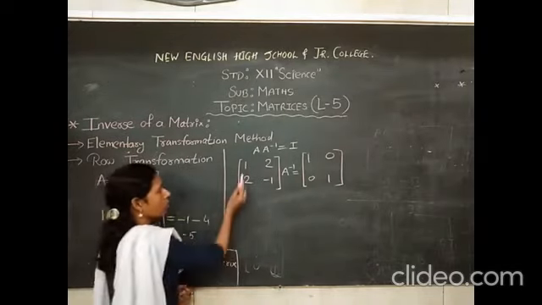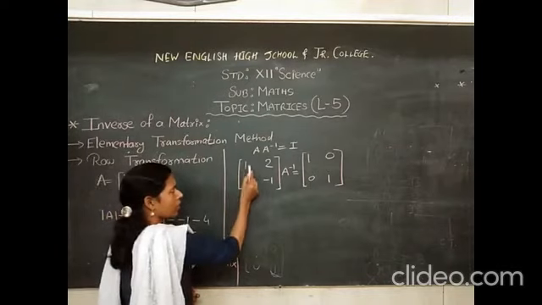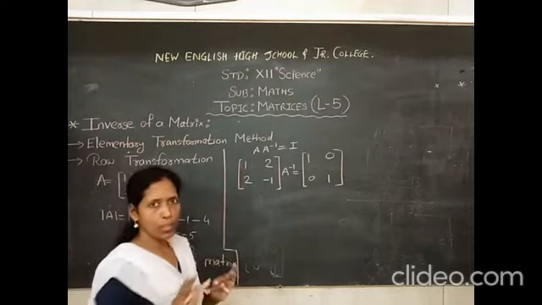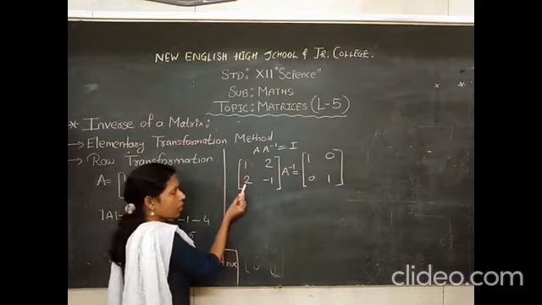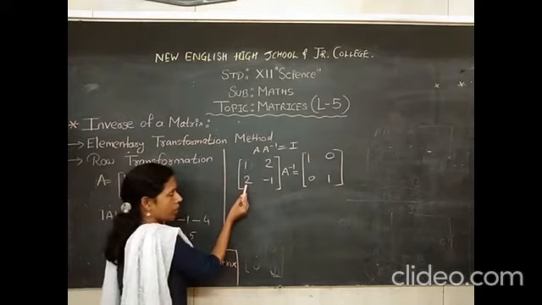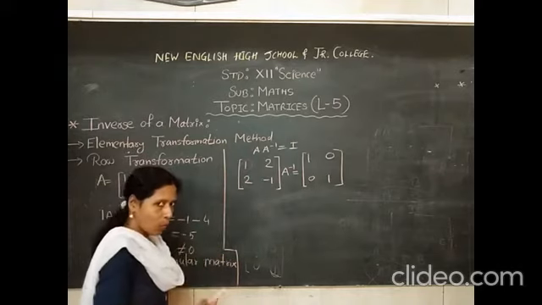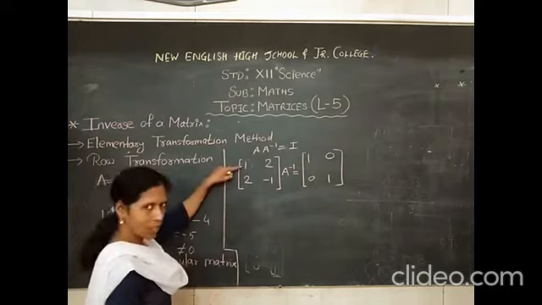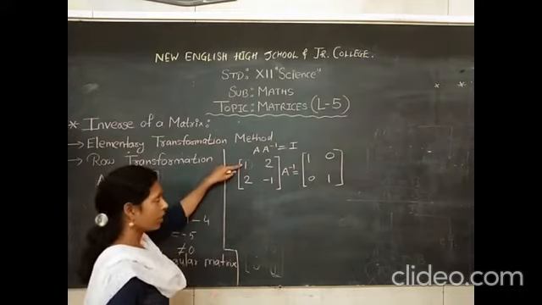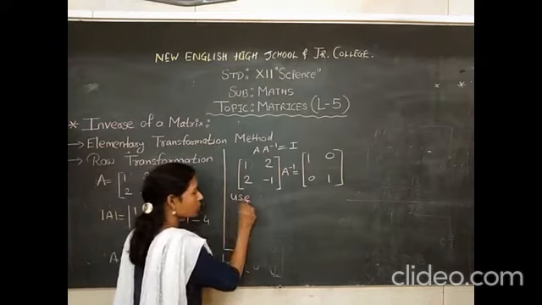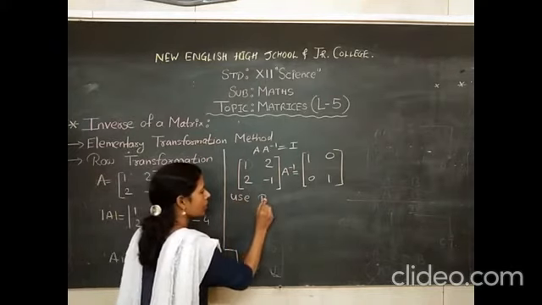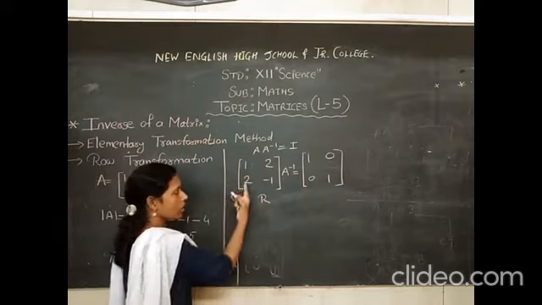Now, you can see 1 is already there. No need to do anything. Now in the first column, it remains to make a change over here. I want to make it 0 with the help of this one. What will we use?